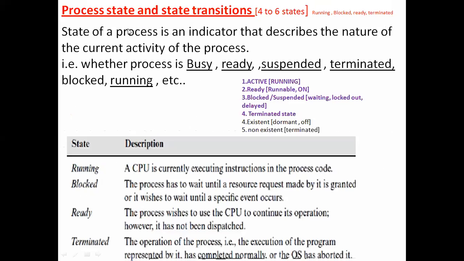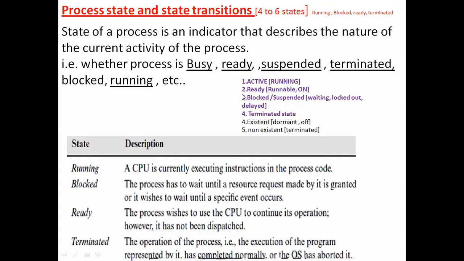The next topic is the process states and the process transitions. Basically, as we have seen in the last slides as well, we had the process states as running state, blocked state, ready state, and terminated state. So any process can be staying in one of these states. Basically, we have six states here.